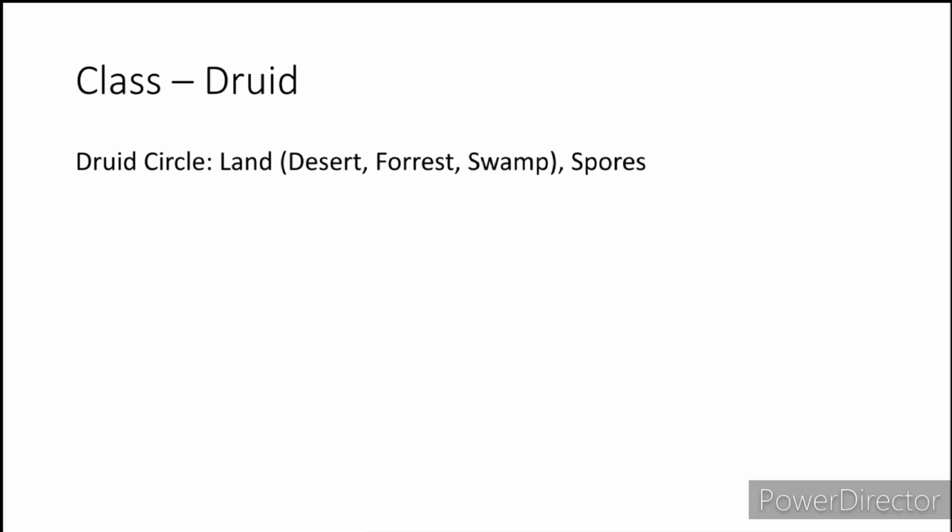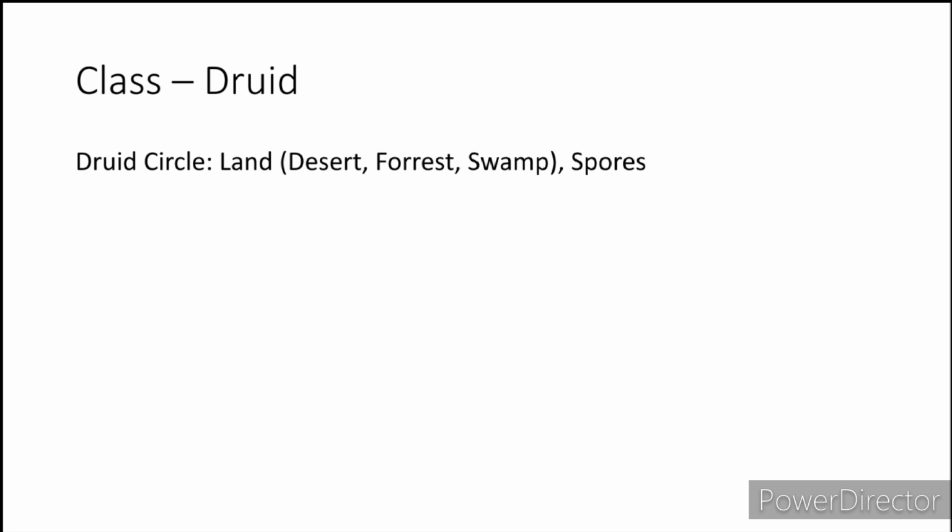Moving on to the Druid, probably one of the more common classes that you would pick for your Naga, since a lot of them are seeking that harmonious balance, but they also tend to nature.